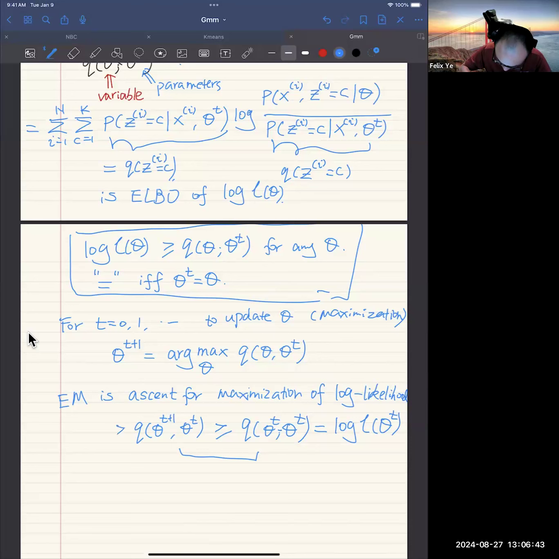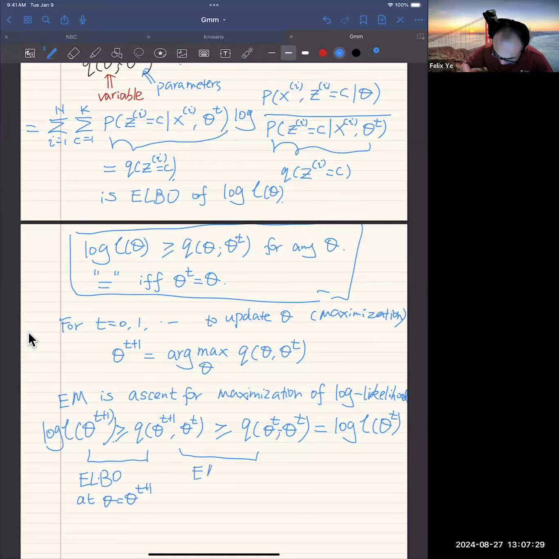And by definition, this Q of theta t plus 1 and theta t is the ELBO of the log likelihood evaluated at theta t plus 1.